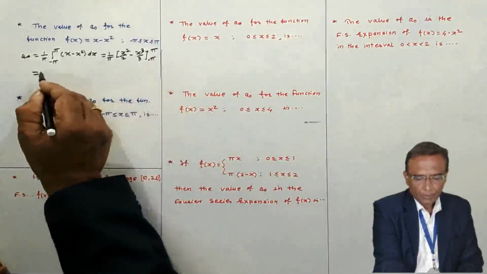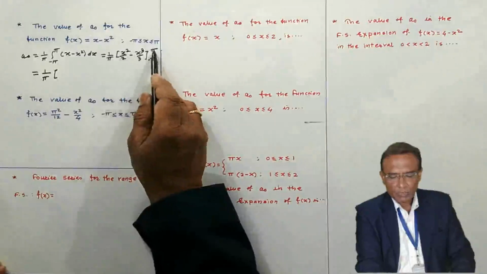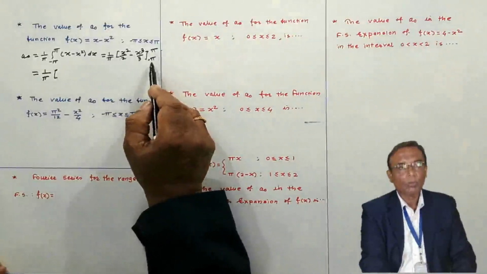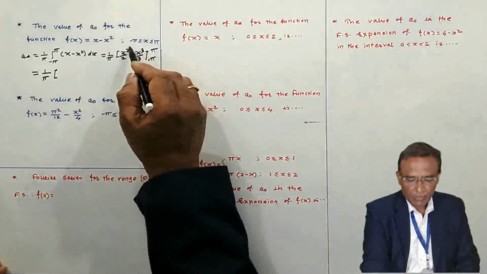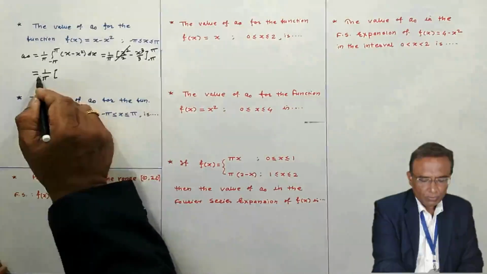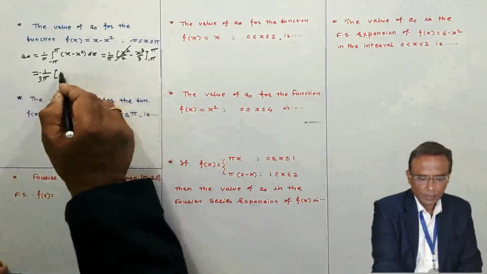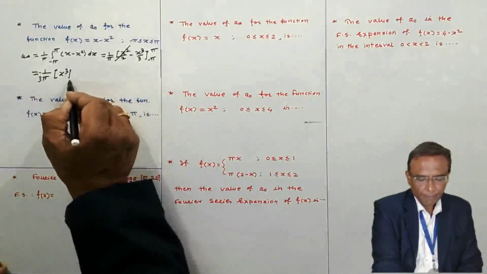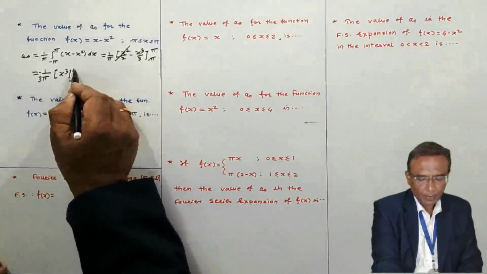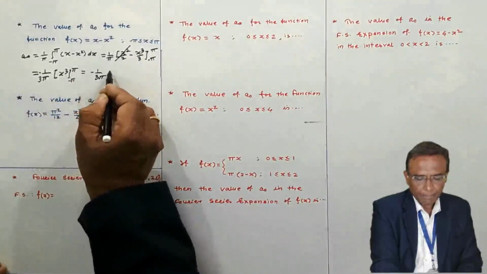Now 1 by pi is outside. Put x equal to pi, put x equal to minus pi. It will be 0, no? It will be 0. Minus of 1 by 3, I have written here, x cube from minus pi to pi, minus 1 by 3 pi.